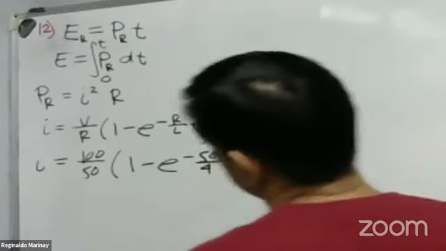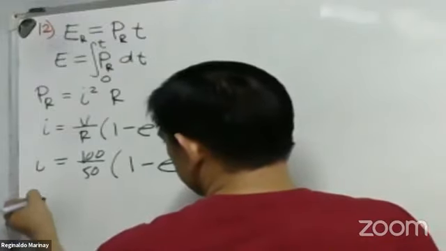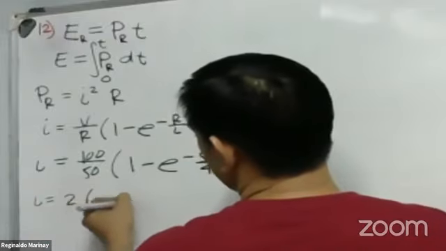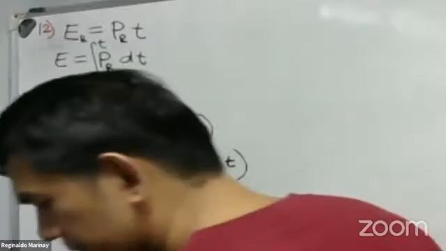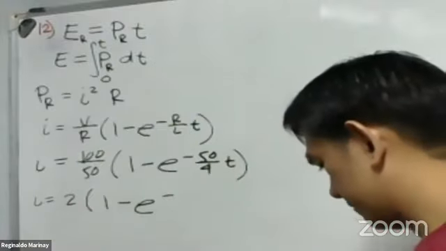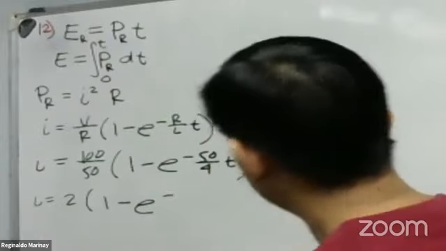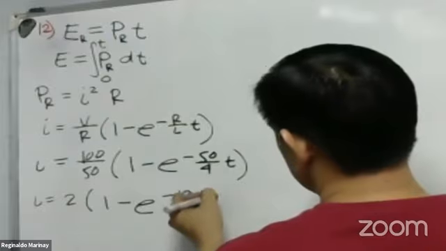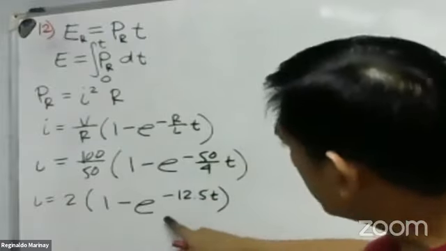So let us simplify. 100 over 50 is 2, times 1 minus e raised to negative, what is 50 over 4? 12.5, negative 12.5 t. So this will be our current I.